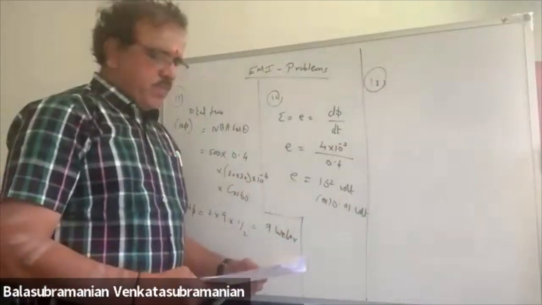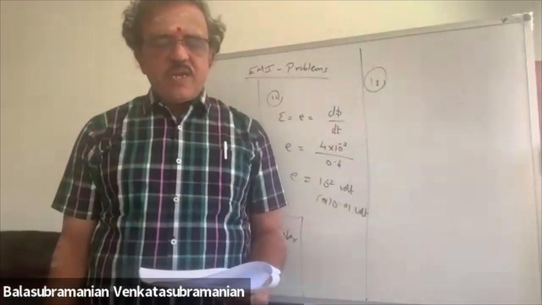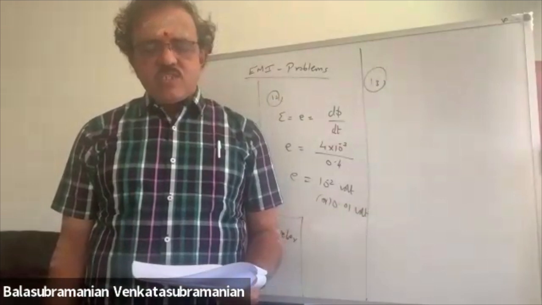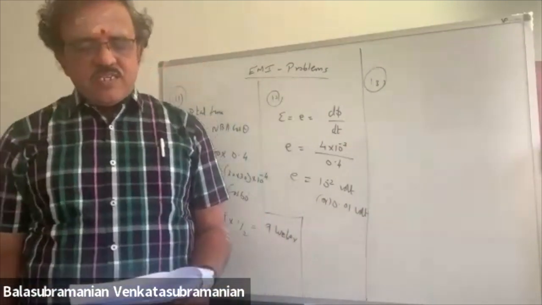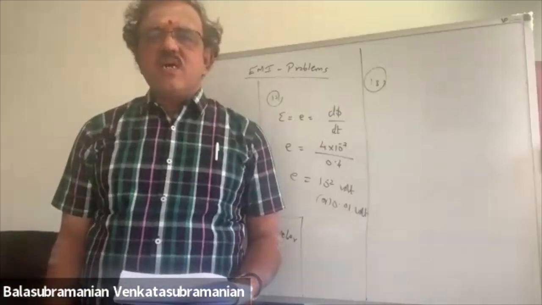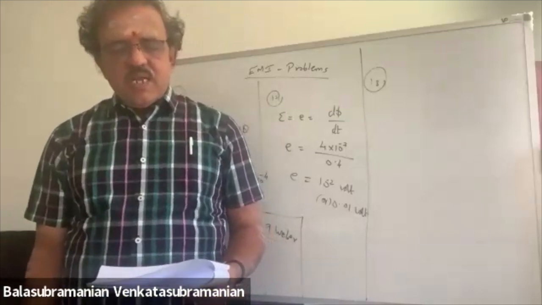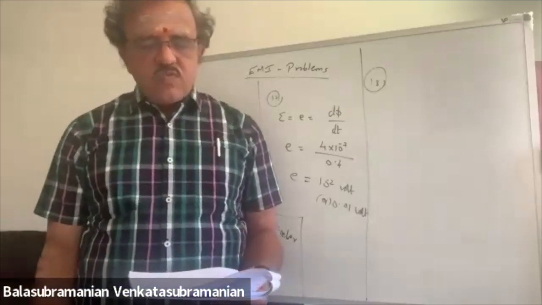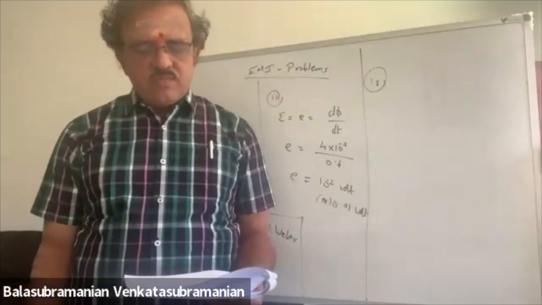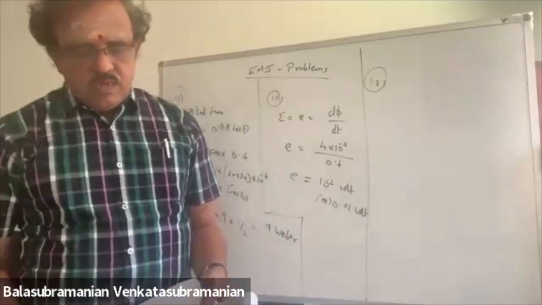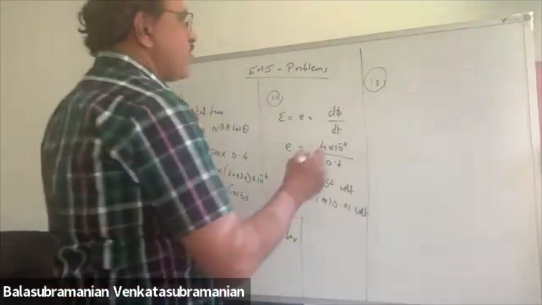Thirteenth problem. A closely wound circular coil of radius 0.02 meter is placed perpendicular to the magnetic field. When the magnetic field is changed from 8,000 Tesla to 2,000 Tesla in 6 seconds, an EMF of 44 volts is induced. Calculate the number of turns in the coil. EMF induced. First we'll calculate that.